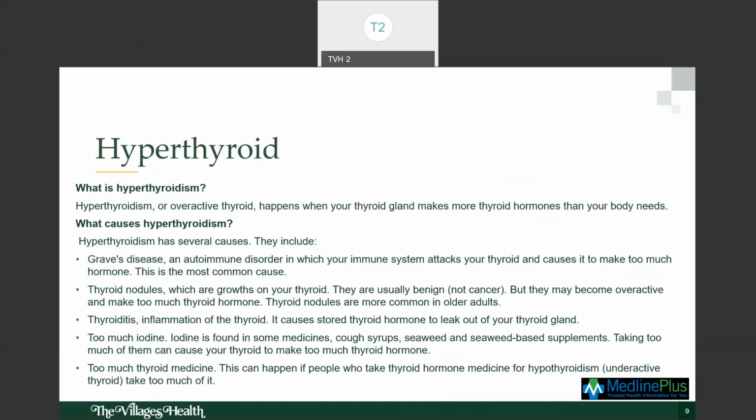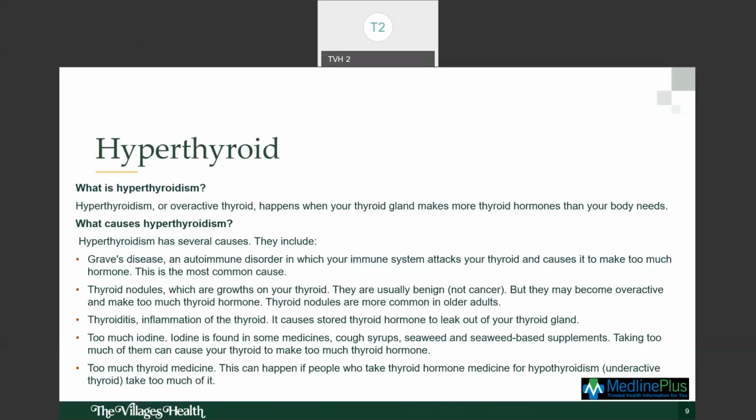So thyroid nodules, which we'll discuss in a few minutes, those are growths on your thyroid gland. They are usually benign, which is non-cancerous, but they may become overactive and make too much of your thyroid hormone. Thyroid nodules are actually more common in older adults.